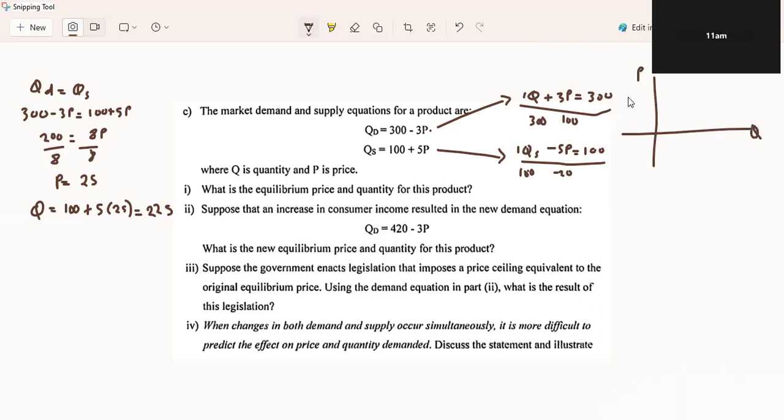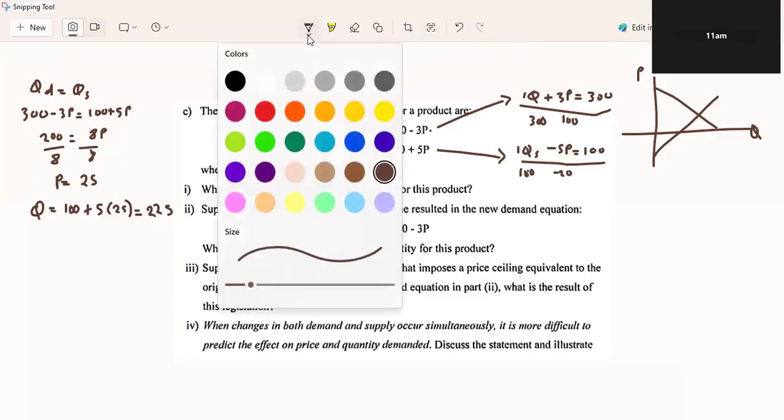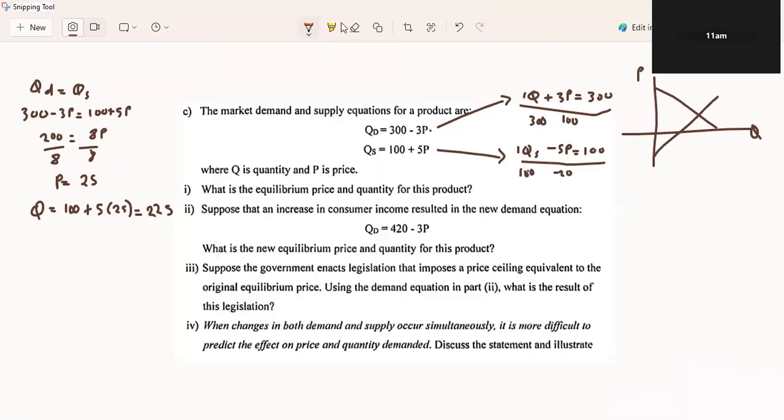Okay. So demand is easy. Supply will start from what? Where are they meeting? What was our equilibrium? So here we had 25, the price. And here we had what? Quantity 225. Okay. Now what are the intercepts for the demand?